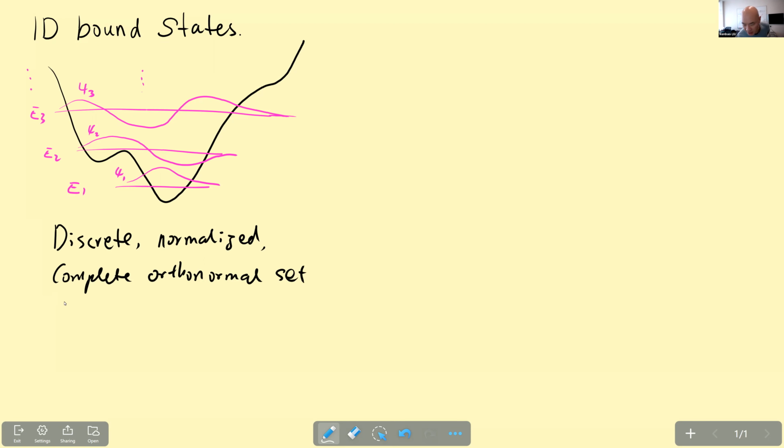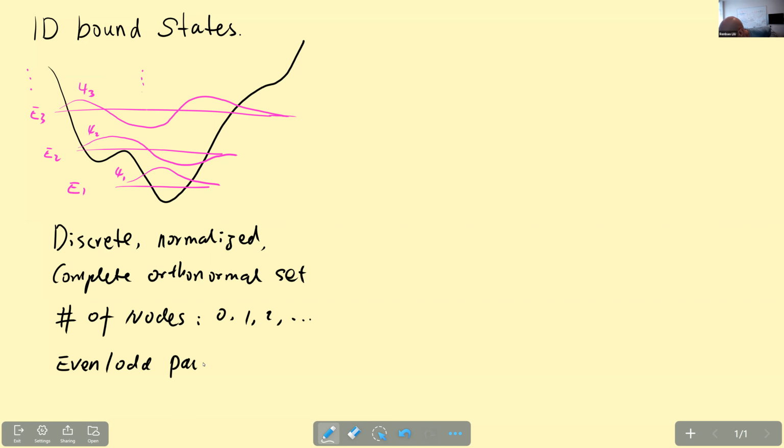And also we know the number of nodes is 0, 1, 2, increasing one by one. These are the important features. And also we know that they have even or odd parity if V(x) equals V(-x).